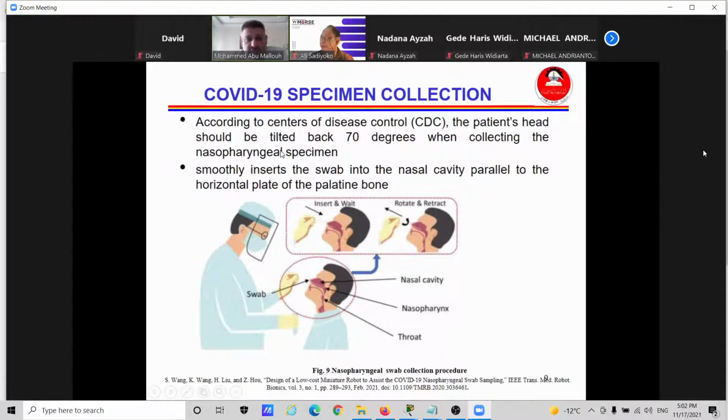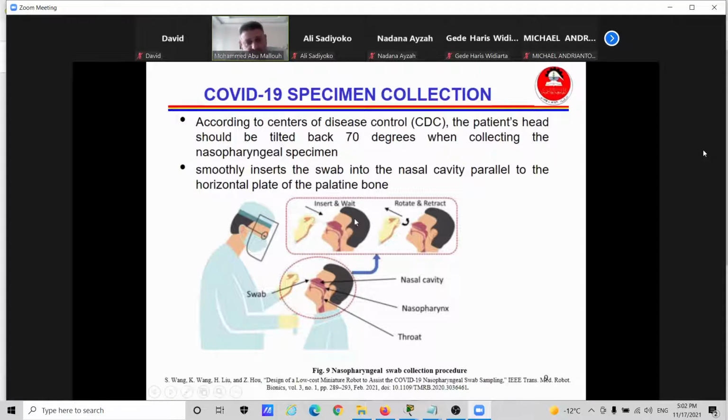Now, I just want to talk briefly about the COVID-19 specimen collection adopted by the Centers for Disease Control, CDC. They have a long report, but I just want to highlight two points. First, they recommend that the patient's head should be tilted back 70 degrees when collecting the nasopharyngeal specimen.